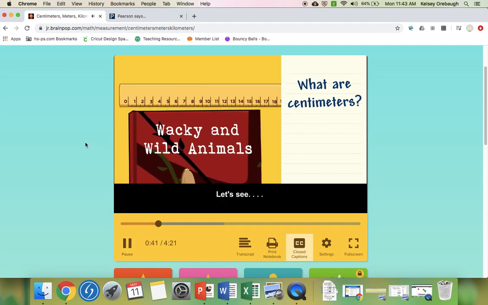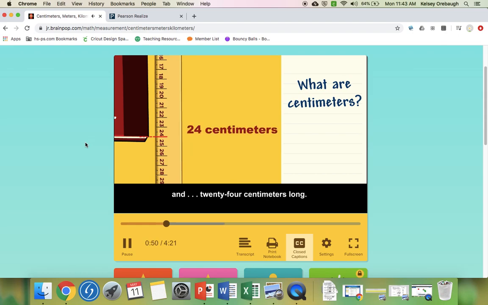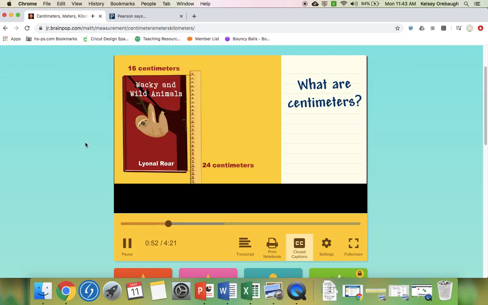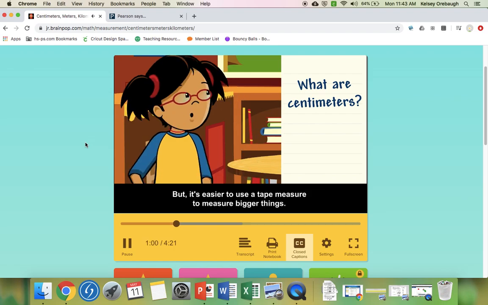Let's see. This book is 16 centimeters wide and 24 centimeters long. The abbreviation for centimeters is cm. You can use a ruler to measure small things, but it's easier to use a tape measure to measure bigger things.